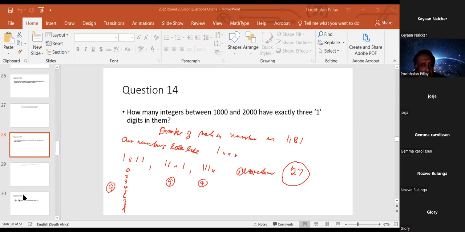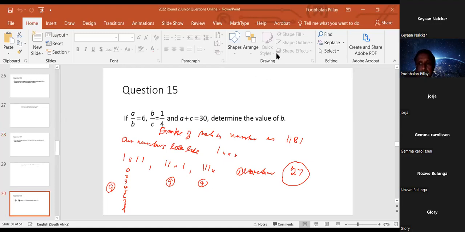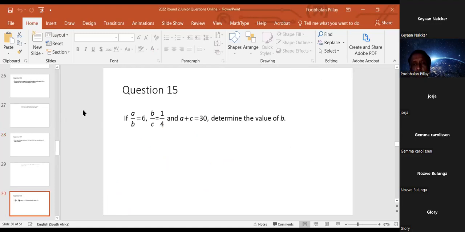Okay, we get on to problem number 15 now. Problem number 15 says, A over B is 6, B over C is a quarter, and A plus C is 30.